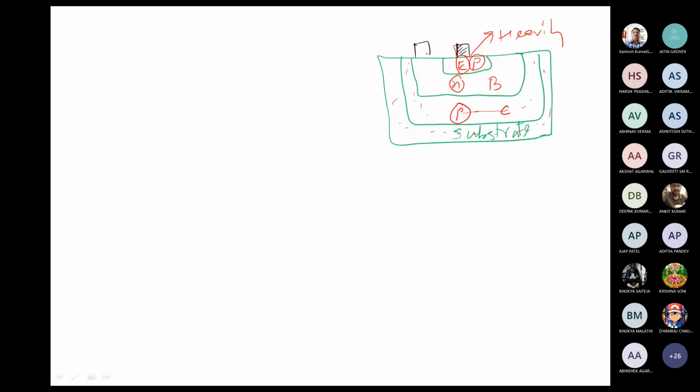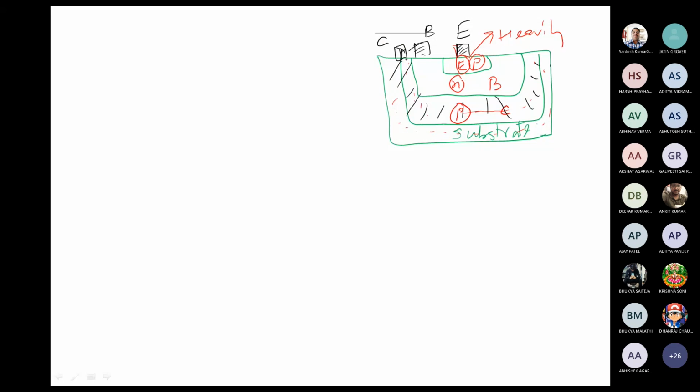We have a contact for the base, and we have a contact for the collector here. Actually, the collector is a very big region which we are not able to show here. So we have these three terminals like this.